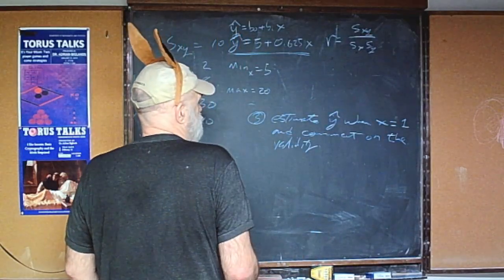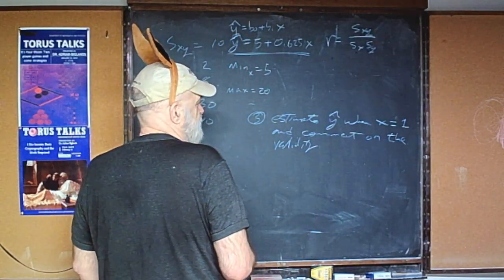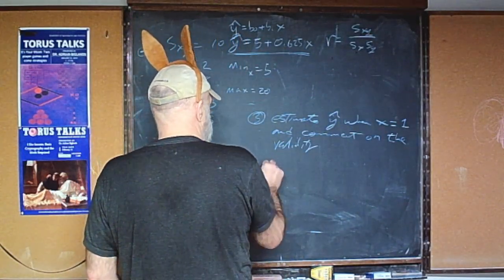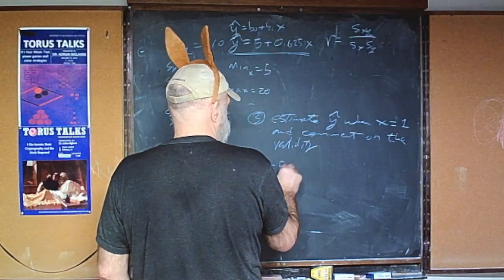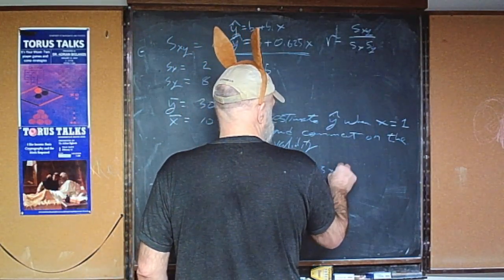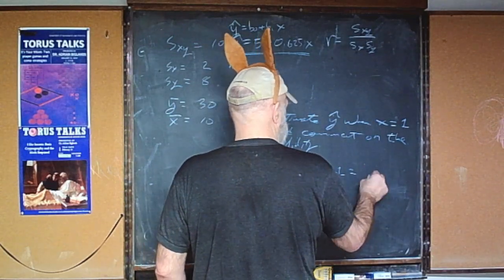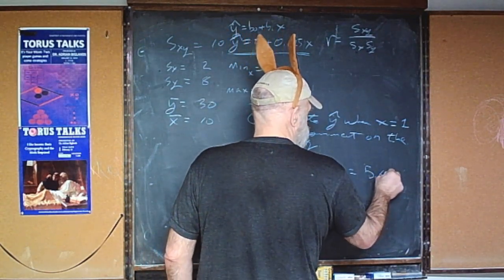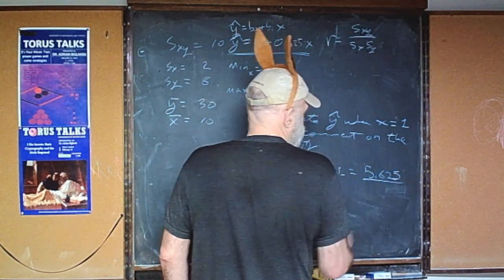If you just take this at face value, this is really no different than what we've already done. y hat is equal to 5 plus 0.625 times 1, so this is just equal to 5.625. That's not terribly hard.